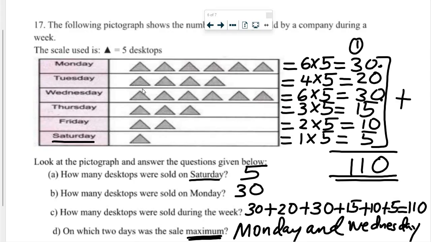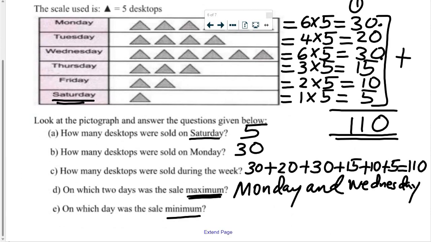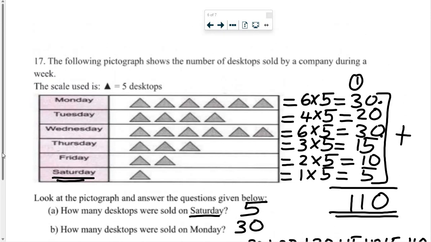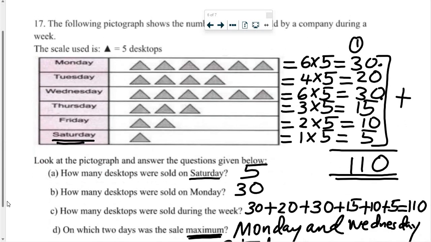On Monday, no. Tuesday, no. So quickly, it is on Sunday with one symbol. Sorry, on Saturday. So here you go ahead writing on which day was the sale minimum. That was on Saturday. So you are done. So this question number 17 ends here.